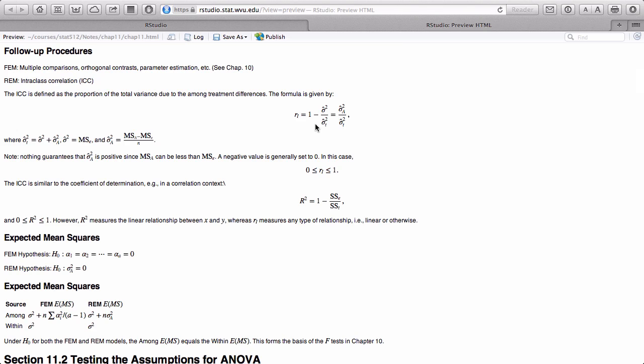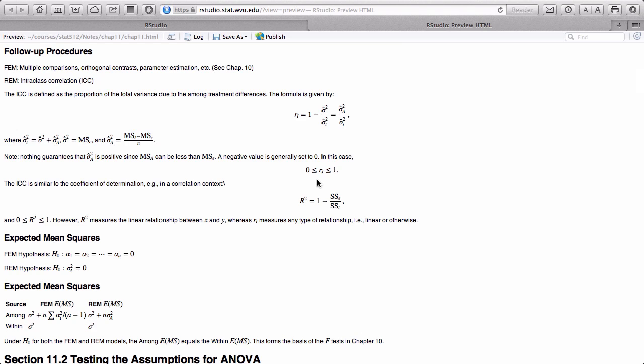If you look back at chapter 9. So on this line right here, I'm simply saying sigma hat squared is equal to mean square error. Sigma hat squared A is these differences over n. I just showed you that. And we can plug those in and get R sub I.